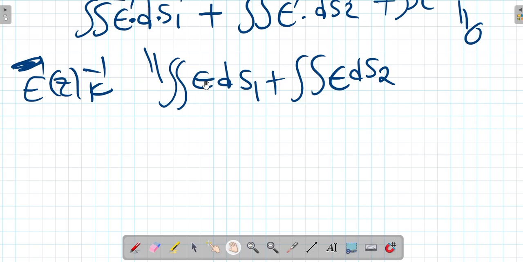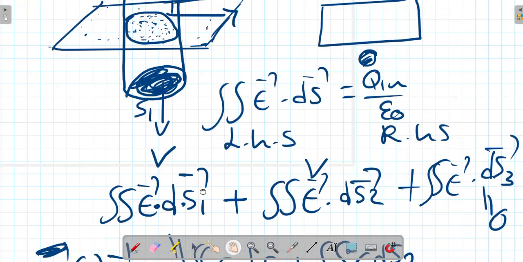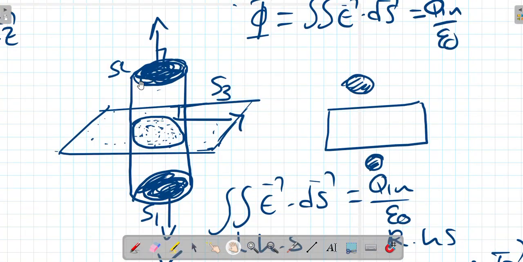So here E only depends on one variable, that is z. If you look at S1, whenever we're integrating with respect to S1, the variable z is fixed. It's not changing. For the surface S1, z is fixed, so the value of E is fixed also.